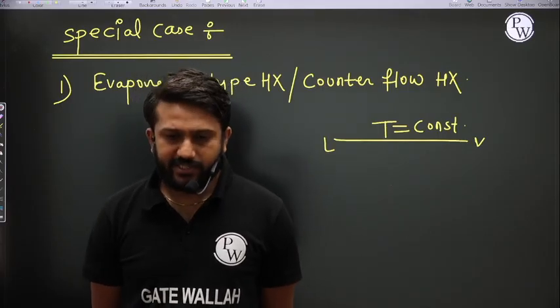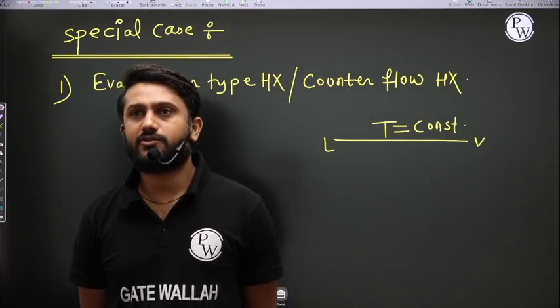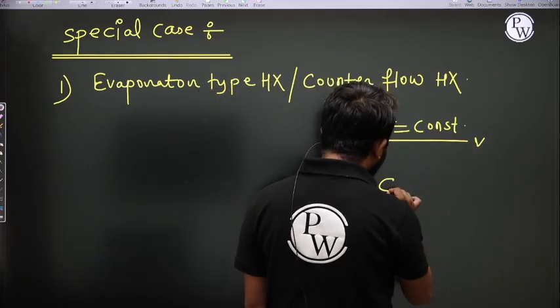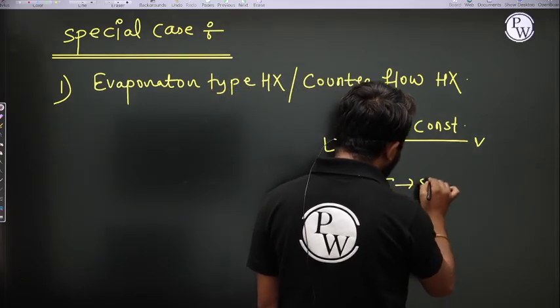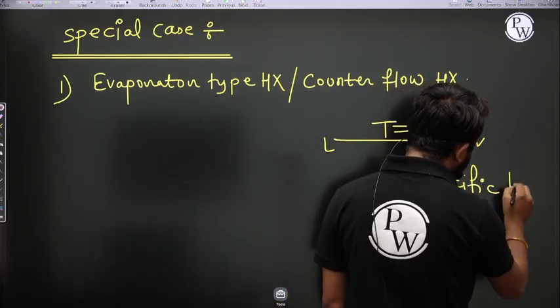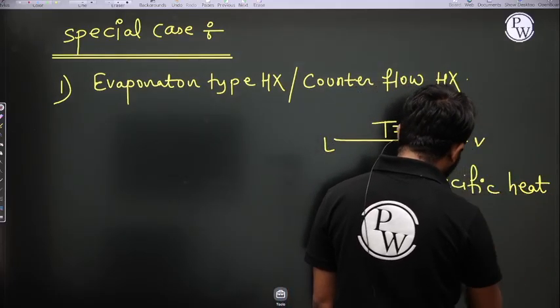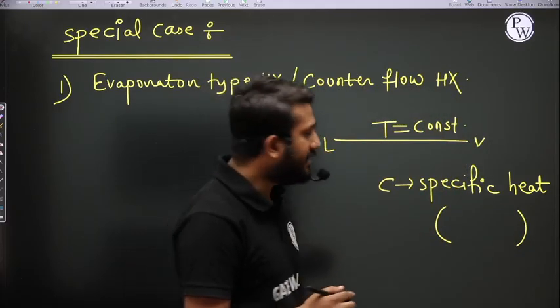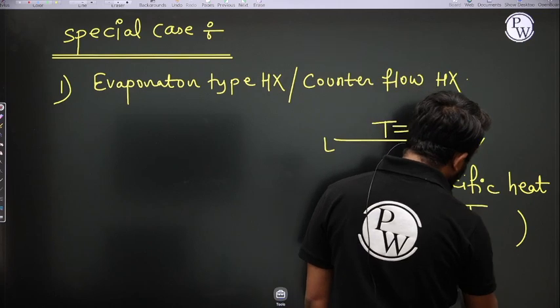So if the temperature is constant, then what is the specific heat? What is the unit of the specific heat? That is joule per kg Kelvin.